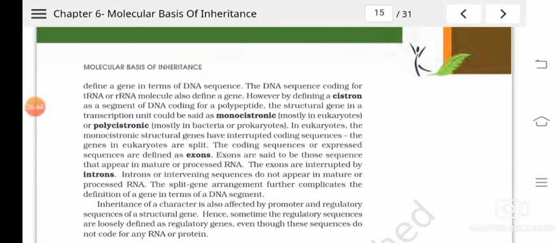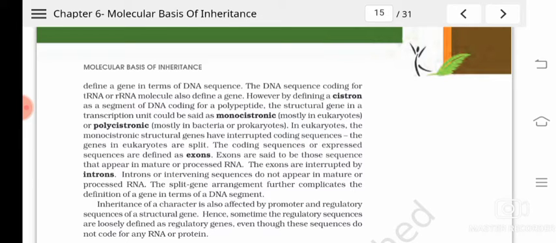So what is the difference between eukaryotes and prokaryotes in their cistrons? In eukaryotes they are monocistronic, meaning only one polypeptide chain is produced by a single cistron. But in prokaryotes they are polycistronic, meaning many peptides can be produced. Understood?